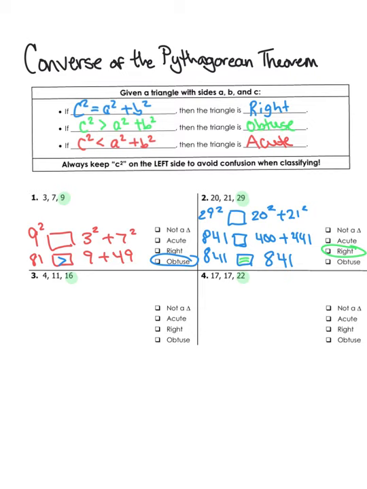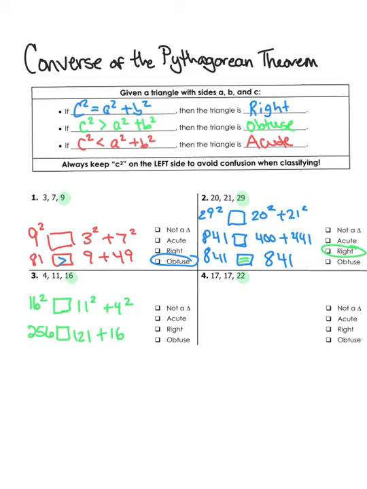For the next problem, my largest number is 16, so I'm going to do 16 squared, and I want to know what that relationship is with 11 squared plus 4 squared. Well, 16 squared is 256, and I want to know, is that equal to, greater than, or less than 121 plus 16?